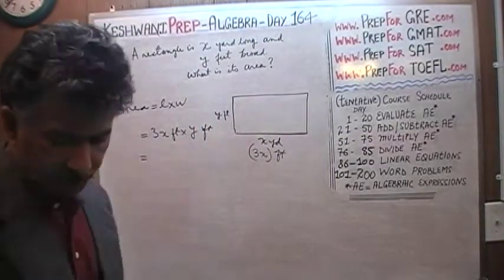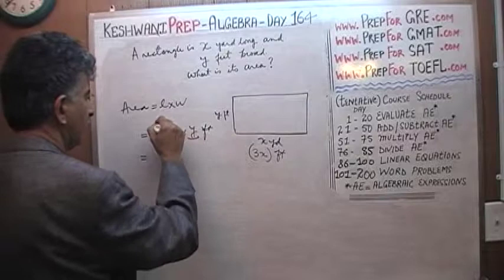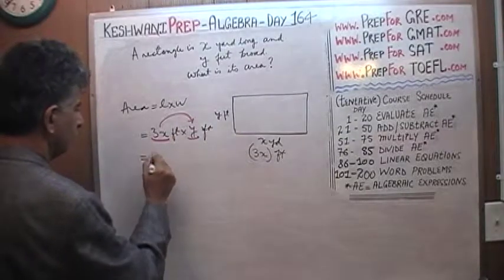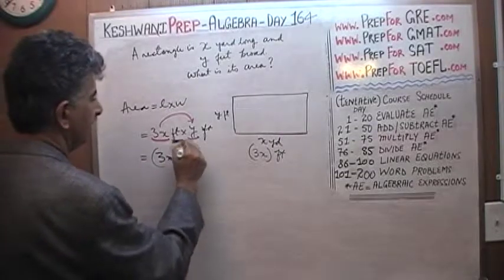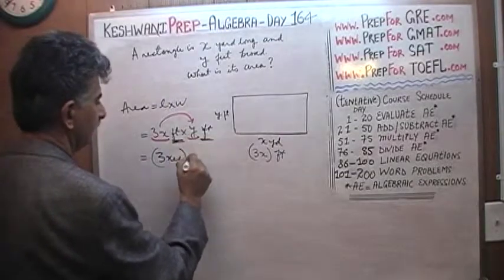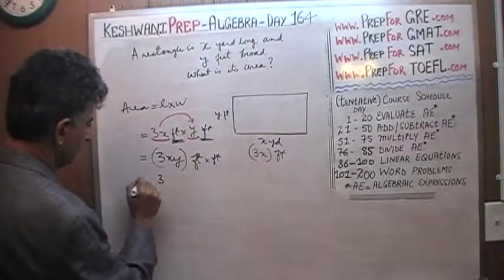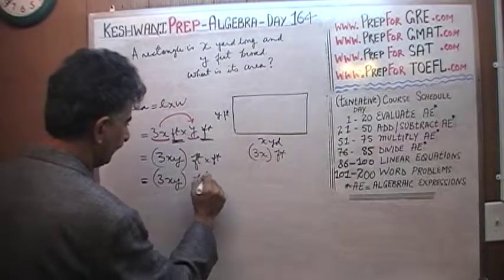And of course we get 3x times y, so we get 3xy, and feet times feet, which is 3xy feet squared.